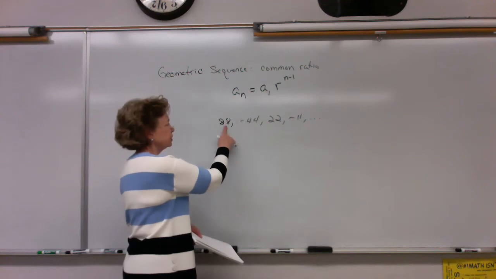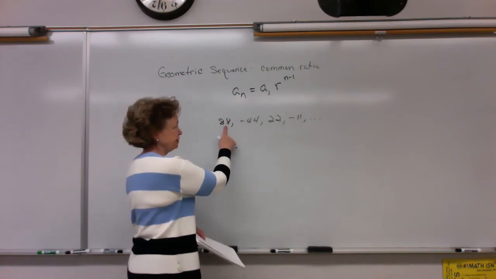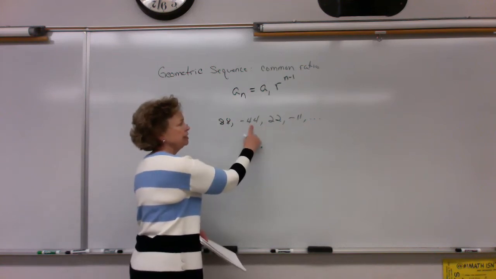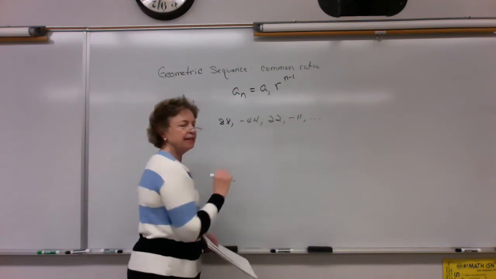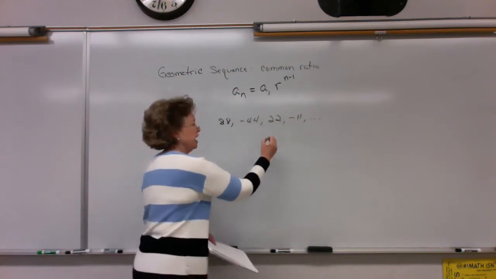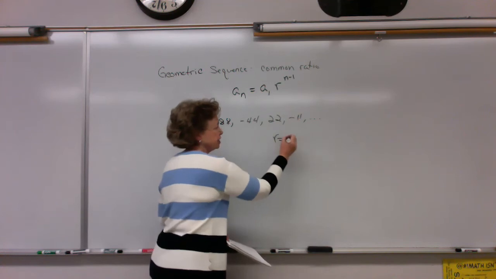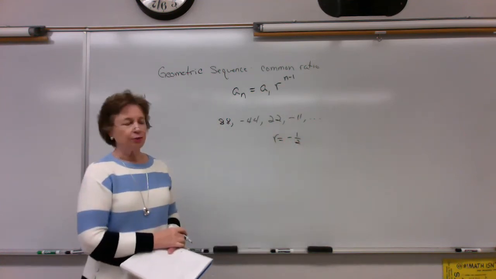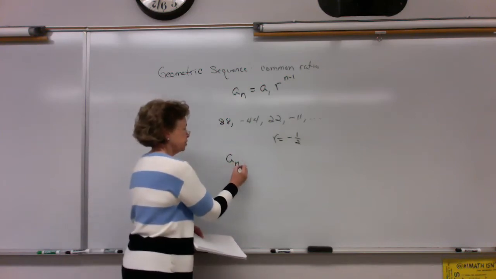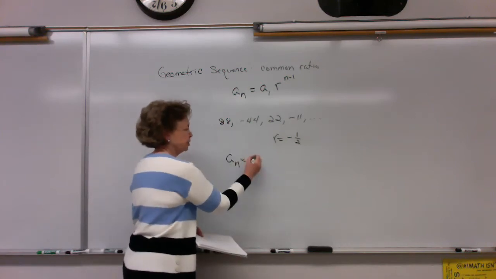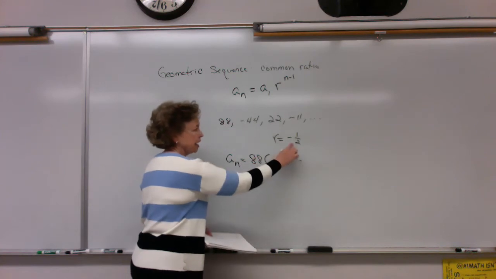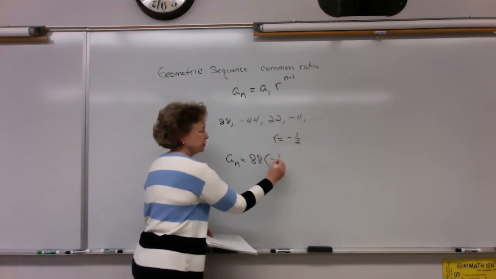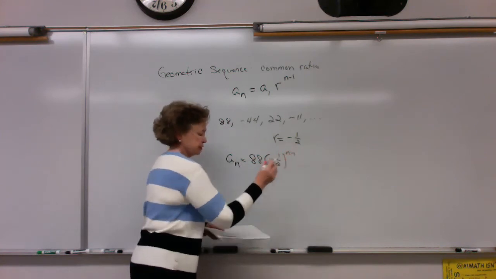Well, negative 44 divided by 88 is negative 1/2, and 22 divided by negative 44 is negative 1/2, and so on, so it's geometric. And we just discovered that our common ratio is negative 1/2. And so we are ready to write the rule. The nth term is going to be that first term, which is 88, times the common ratio, which is negative 1/2, to the n minus 1.